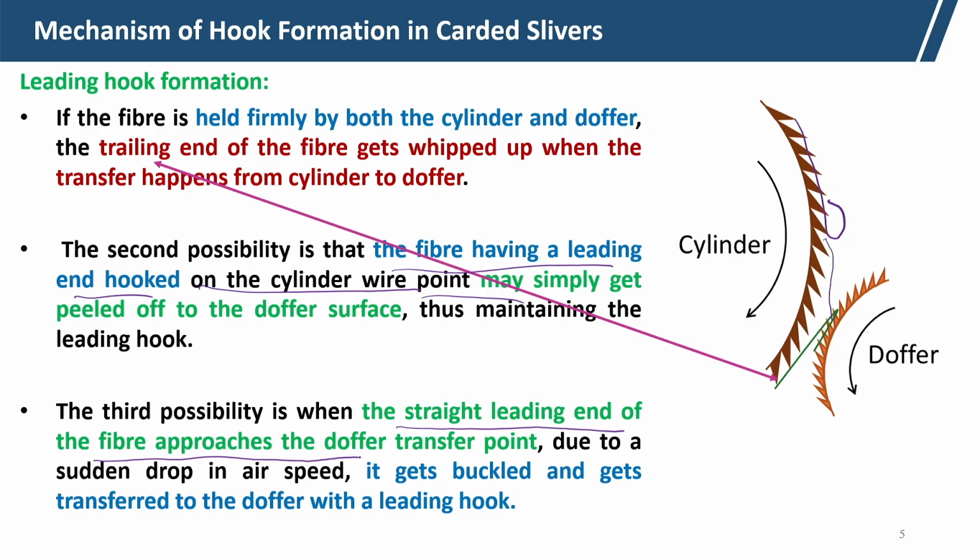And the third possibility is that when the straight leading end of the fiber approaches the doffer transfer point, due to the sudden drop in air speed, it gets buckled.